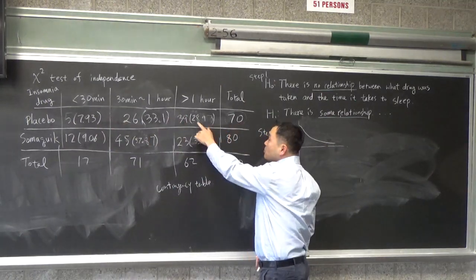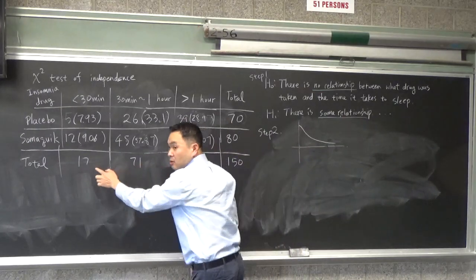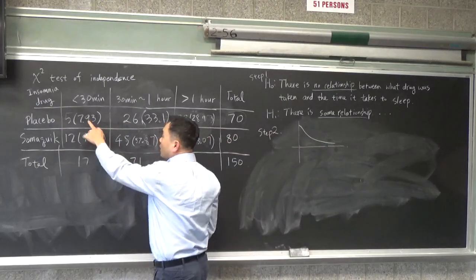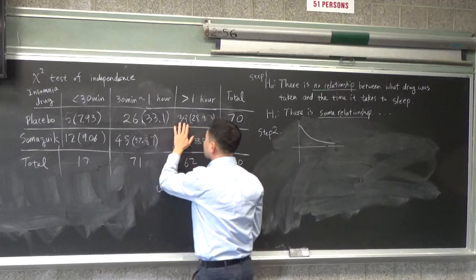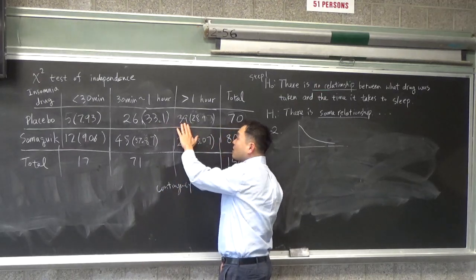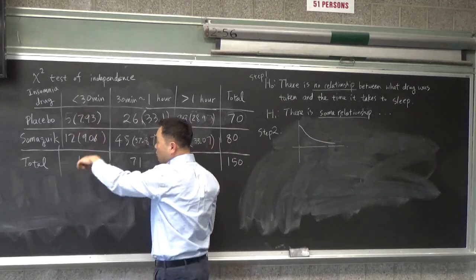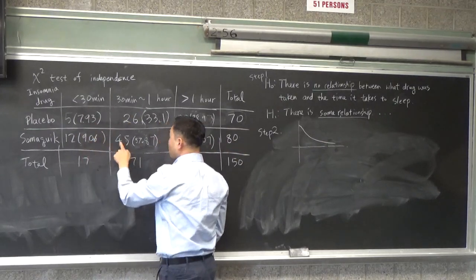See, to fill in these expected numbers, you have to know these numbers, right? So if you assume that you already know these numbers, and you ask the question like, if this is 5 and this is 26, what's this? And you would say, you're forced to say it should be 39, right? Also, because you know the sum over here, if you know these two numbers, then these will also be determined.